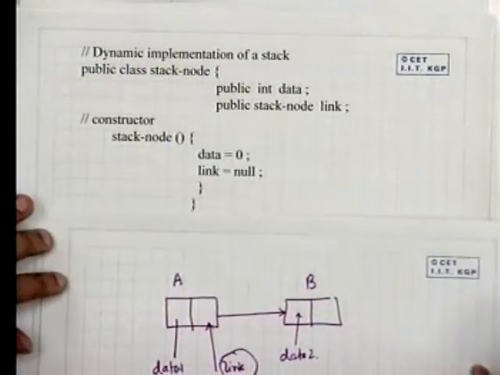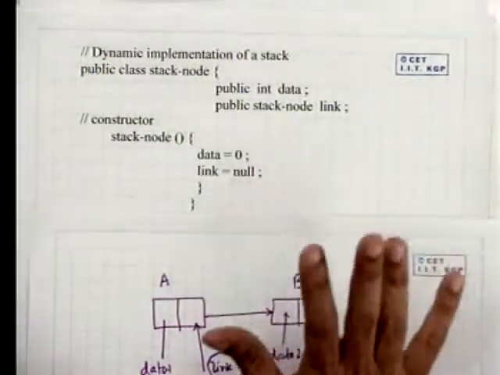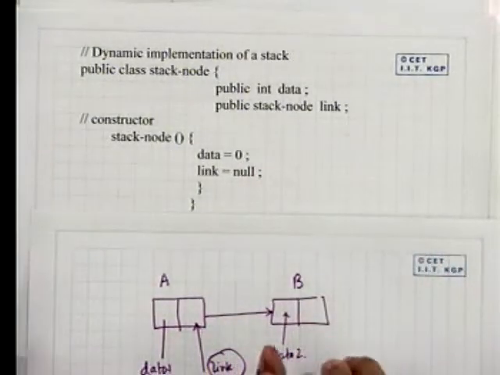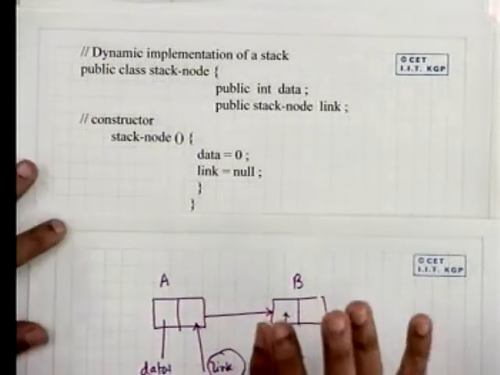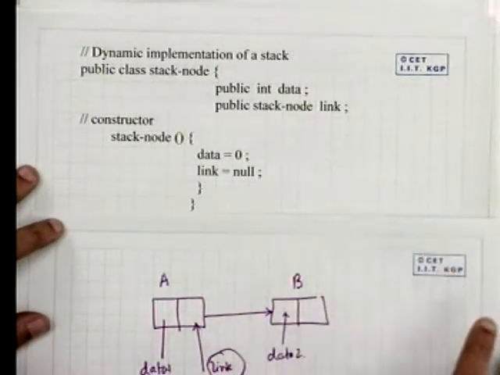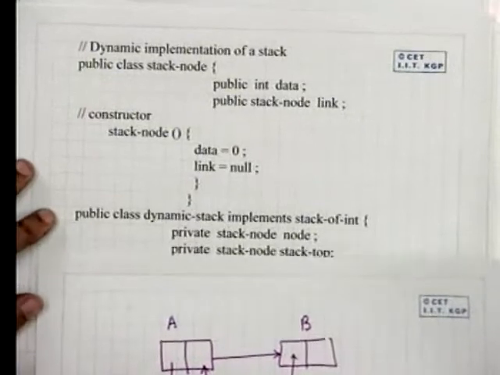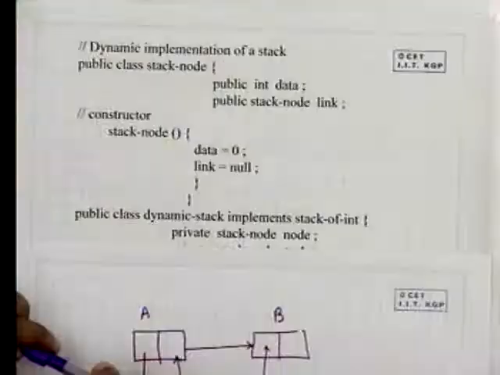Then we make a simple constructor, where the data value is equal to 0. When we create a node initially, we create it without any linkage, and the data value is assigned to be 0, let's say.